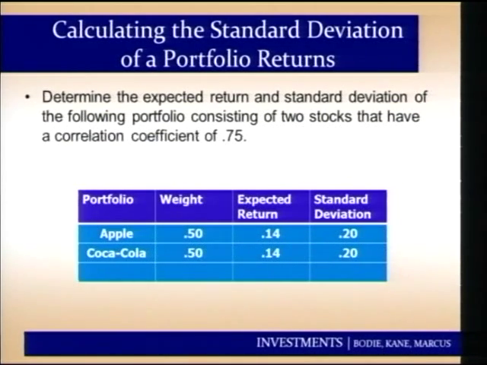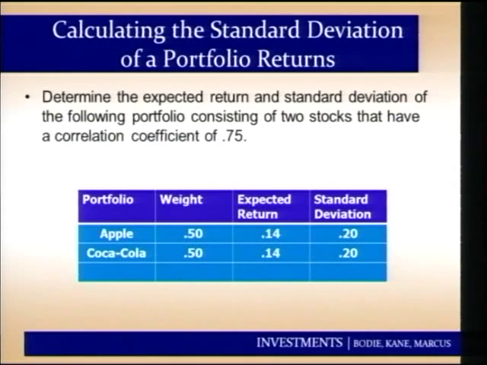Okay, we have Apple and Coca-Cola. The weights are 0.50 and 0.50, the returns 0.14 and 0.14, and the standard deviations 0.20 and 0.20. It's very simple. The average is 14 for the portfolio, because the 2 stocks, Apple and Coca-Cola, have the same average rate of return and the same standard deviation. But look here.